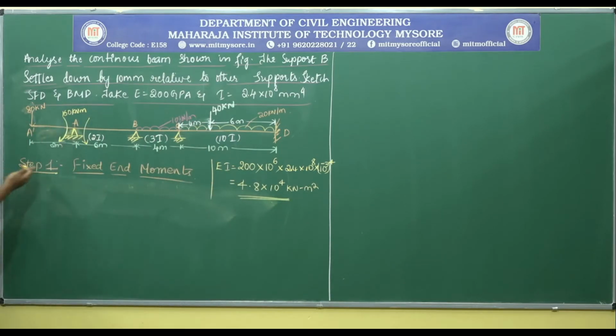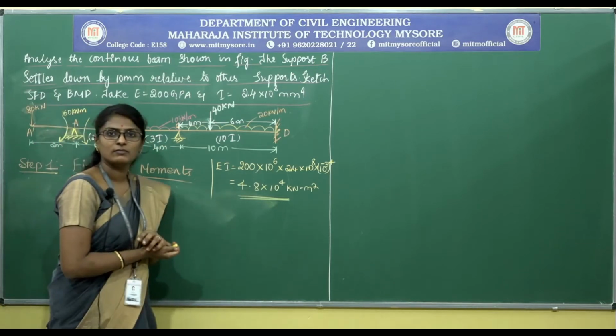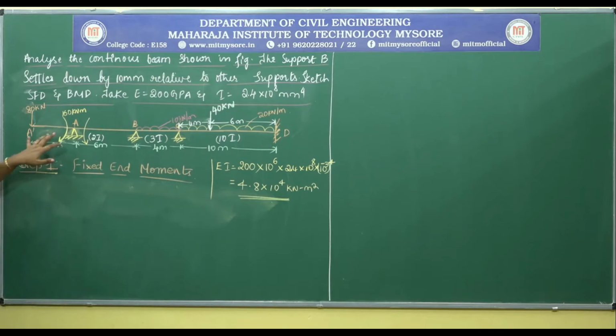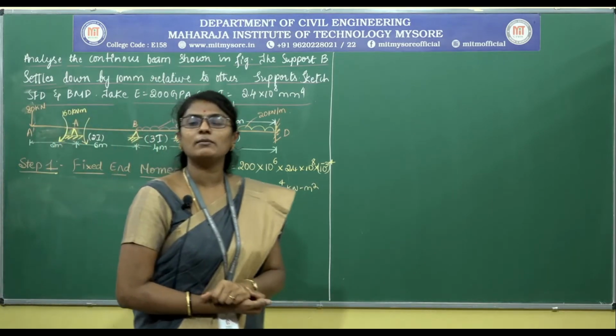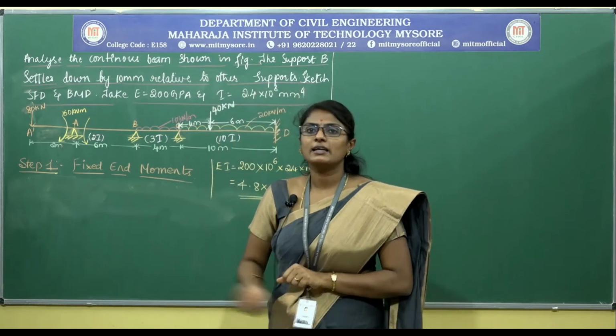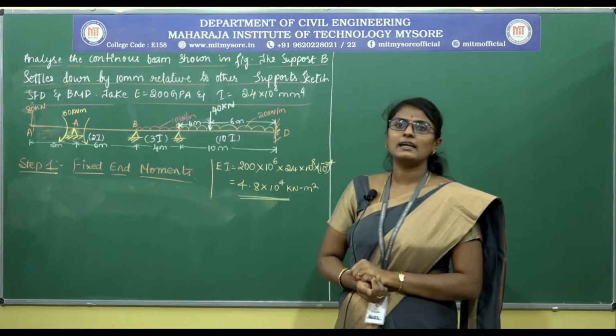Now we shall start with the procedure to calculate the fixed end moments. So for this we have an overhanging span of A dash A, on which a load of 80 kilonewton is acting. For this case, there is no need to calculate the fixed end moments, since we will get the final end moments directly.